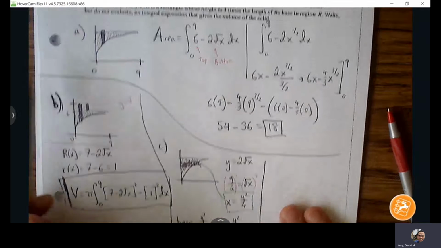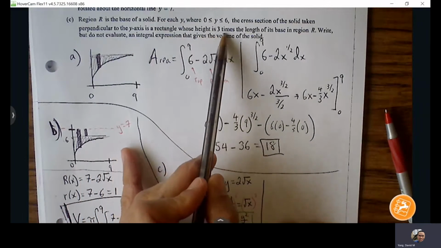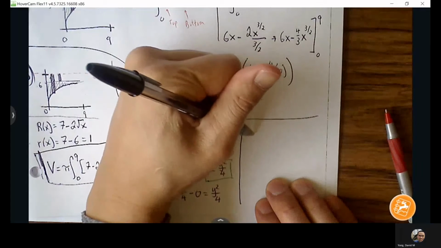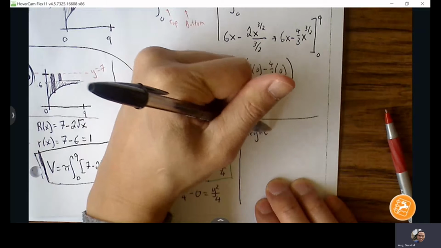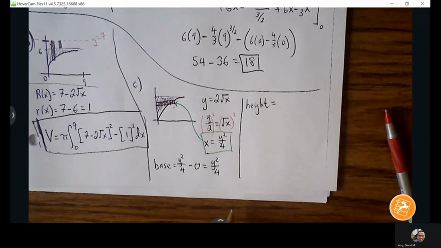Okay, so what shape are we building? We're building a rectangle whose height is 3 times the length of the base. So how can we build the height using what the description tells us? What would 3 times the length of the base look like? Yeah, so just take the base and multiply by 3, right?